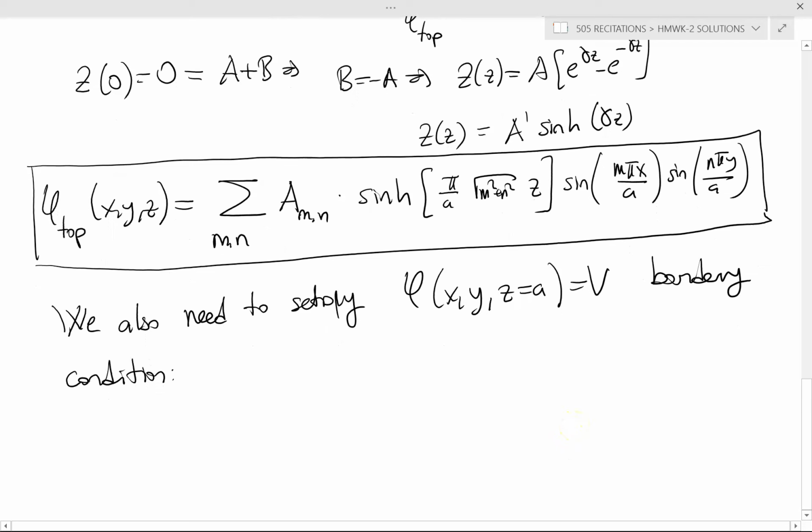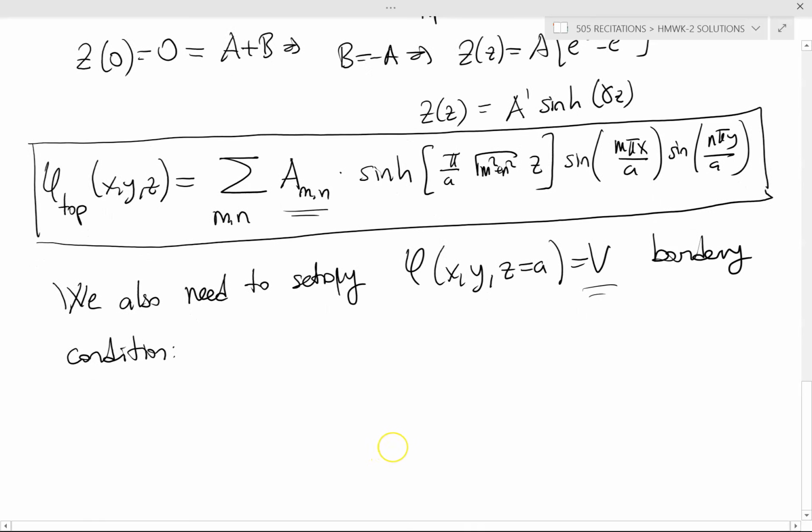It simply means that I am now determining the coefficient of these orthogonal functions, right? So at z equals a, I need to determine how I need to choose A_mn, how I need to choose the components of these orthogonal bases such that I satisfy the boundary condition to be equal to V at z equal to a.